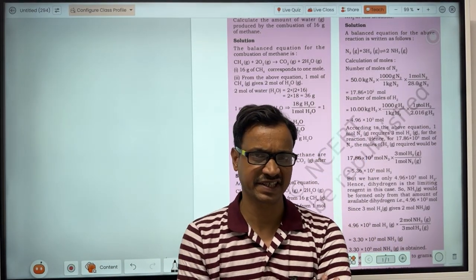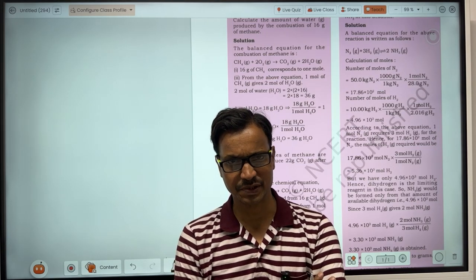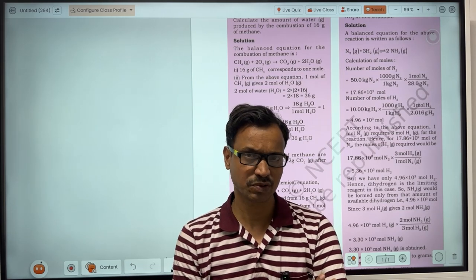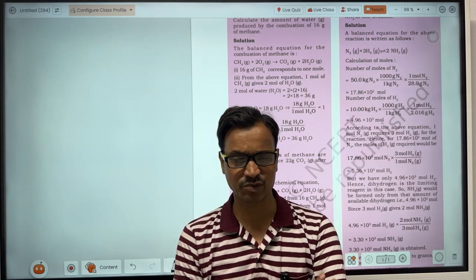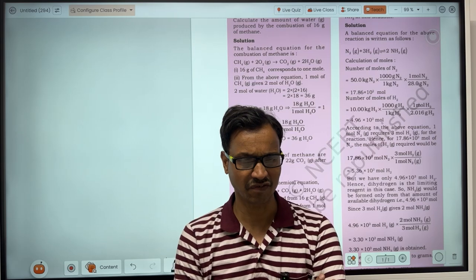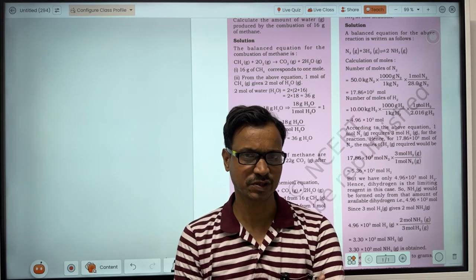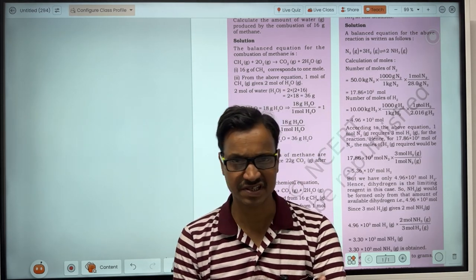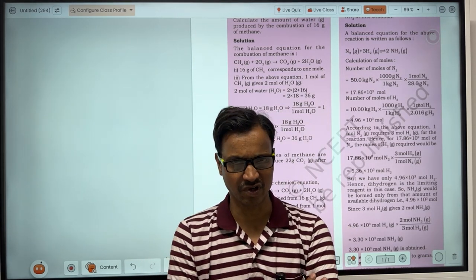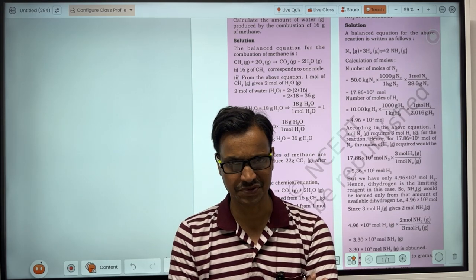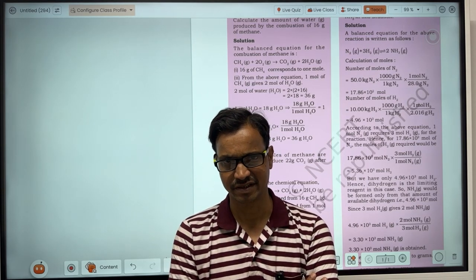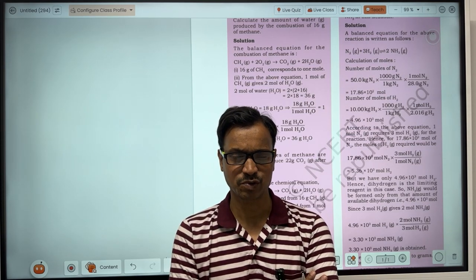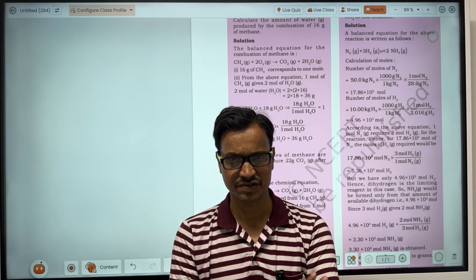The demand of the question is to produce 22 gram of CO2 by the combustion of methane. So how much methane will you have to take?